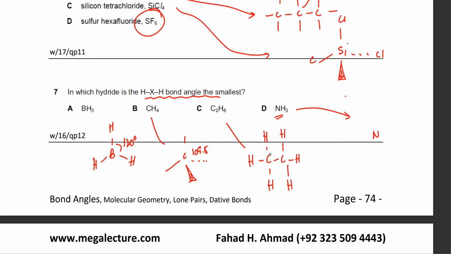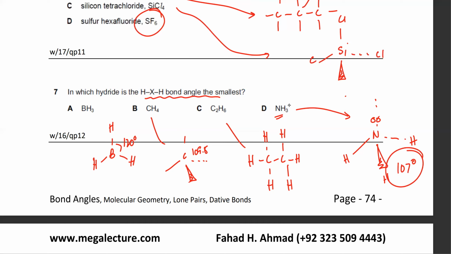And how many lone pairs? 1 lone pair, because it's in group 5, but it's making only 3 bonds. That means 3 electrons are bonding, 2 electrons are still left. So there's going to be a pair of electrons on top. This is derived from a tetrahedral shape, except there's nothing on the top. So it's going to be trigonal pyramidal, and the angle in this case would be 107.